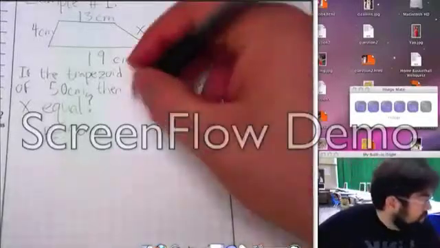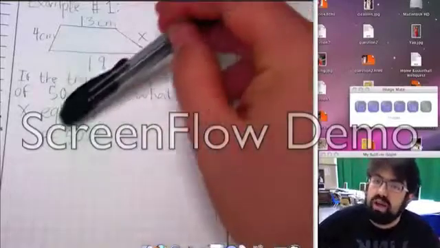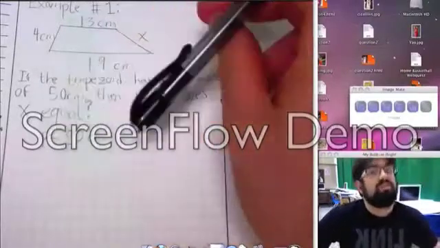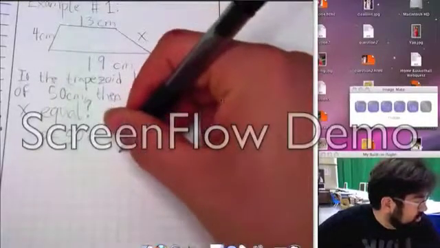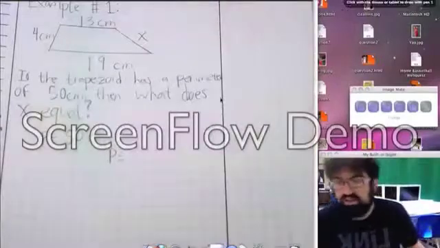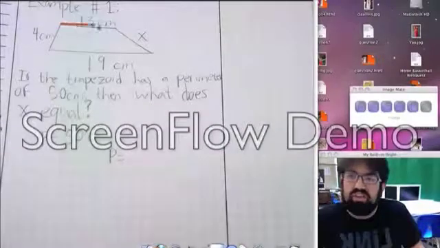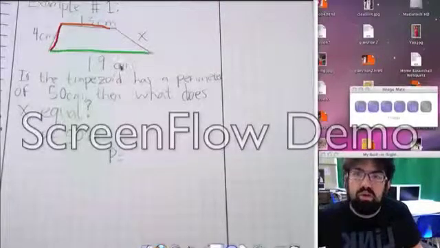Well, let's talk about how we would find a perimeter usually. This is where writing down an equation for perimeter is very important. Normally, perimeter is equal to, let's add all the sides together. We got 13, 4, and 19.